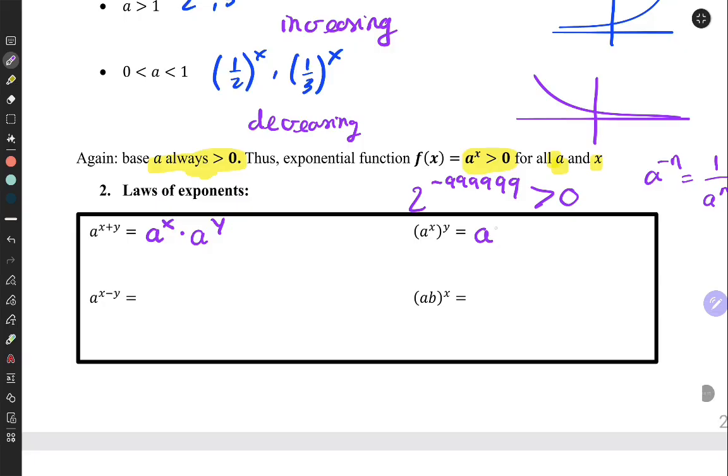What do you do with the exponent? You multiply. Don't add. Keep that in mind. You multiply. How about this? Divide. This one you can split out one by one.